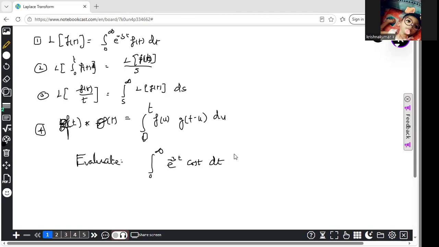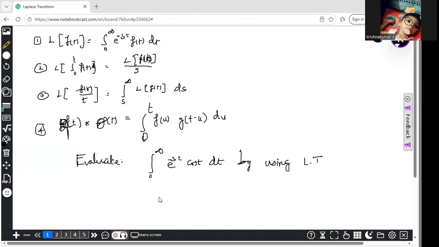This means we have to find the value of this integration. So far we didn't discuss this type of problem. Sometimes they will give the statement "by using Laplace transform", and sometimes they will only ask to evaluate the integration like that.